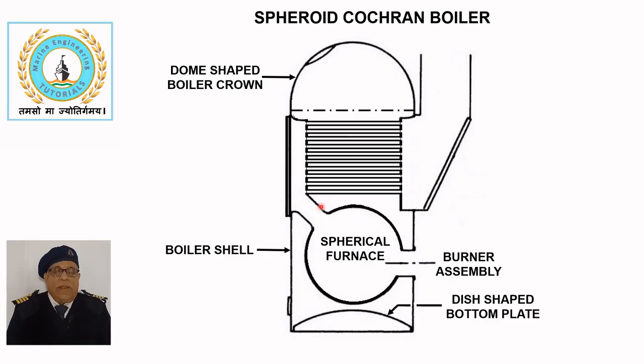The spherical furnace is completely surrounded by water and does not require any furnace brickwork or refractory lining, apart from the burner quarl. The spherical furnace provides a larger radiant heating surface and is therefore more efficient.